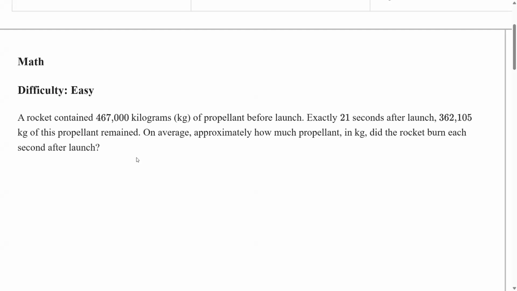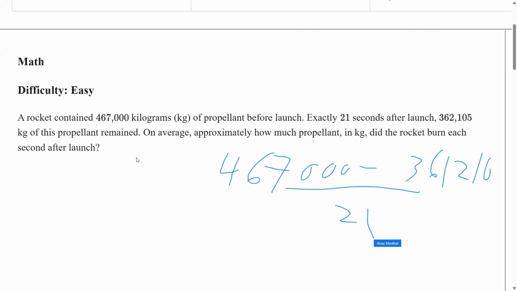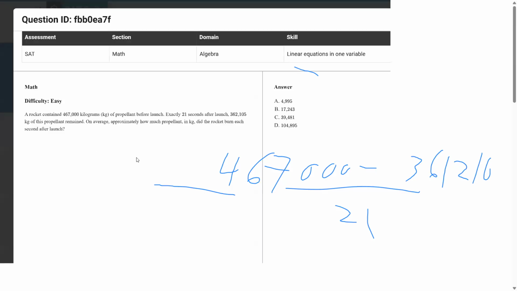In order to calculate the rate, you have to take the final, 467 minus 36 and 0.5 over 62, over 21, the number of seconds. Answer should be 4,195 is the answer.